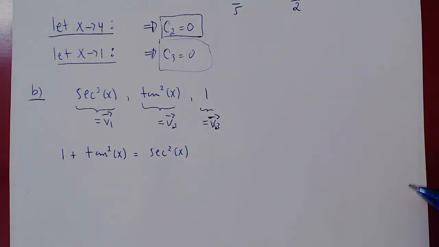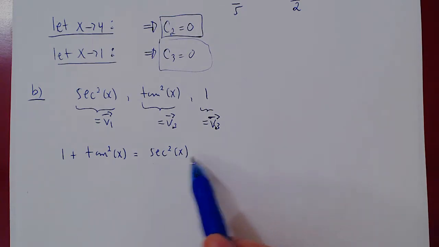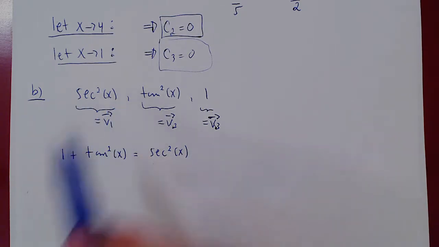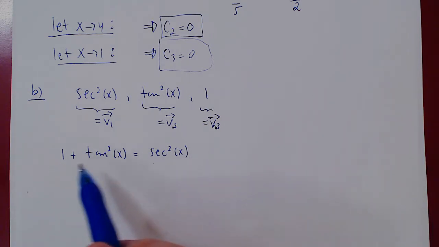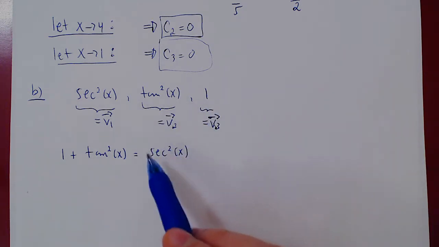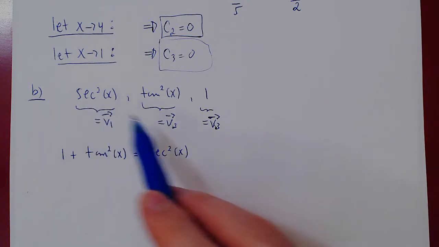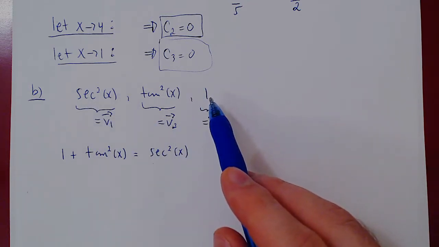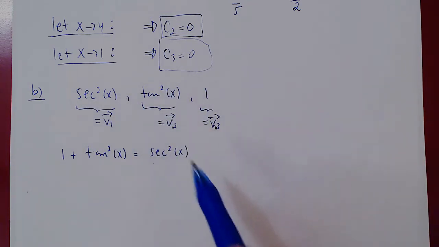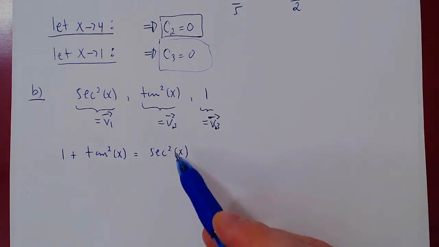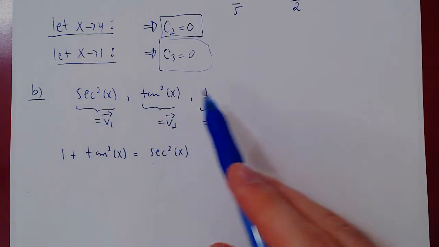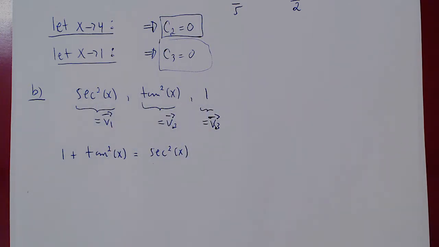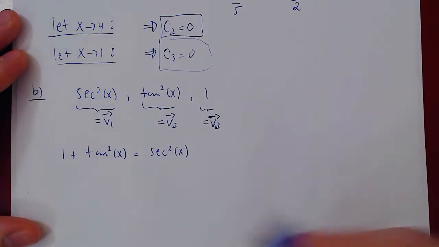And now you can think of it in two ways. Secant squared is a vector in our list, and it is a linear combination of these other two vectors. Secant squared of x is 1 times 1 plus 1 times tangent squared. As secant squared is a linear combination of tangent squared and 1, our three elements are linearly dependent. Or you can think of it this way.